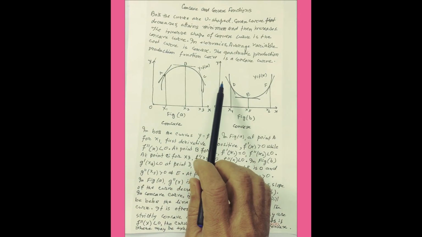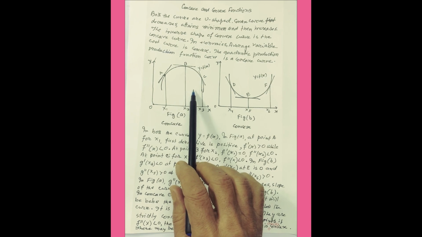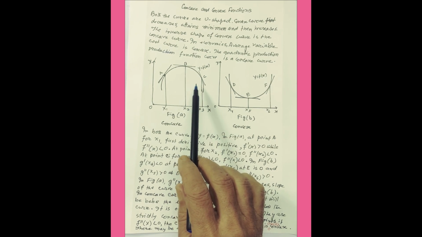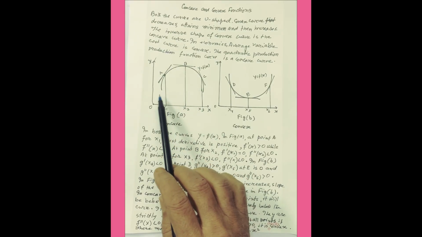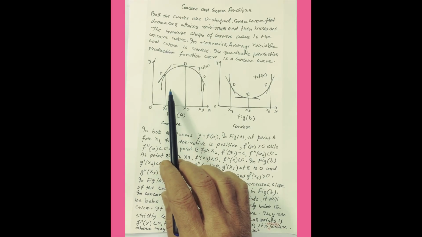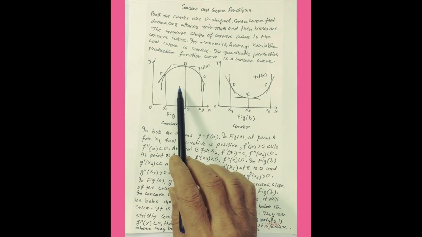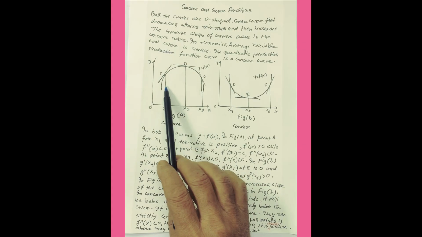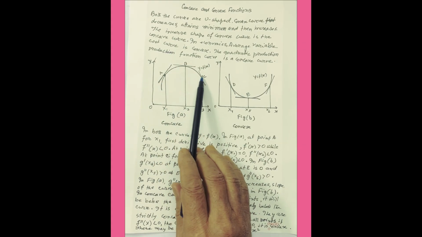So this is the shape of a quadratic production function. In quadratic production functions, suppose y is equal to a plus bx minus cx square, then it will give this kind of shape.